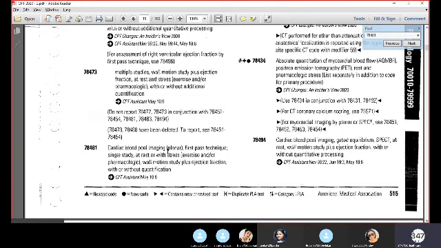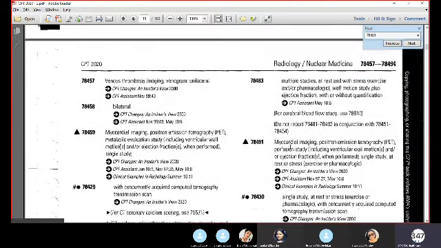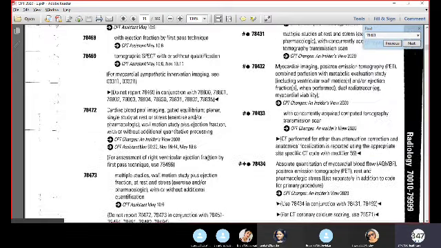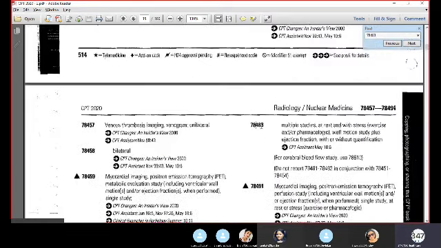Here, cardiac blood pool imaging, first pass technique in single study means 78481. I said 78483; this is for the cardiac blood pool imaging study first pass technique. If multiple, it means 78483. But this question is multiple only, first pass technique. Suppose they are asking gated equilibrium single study, you can look at the same page.